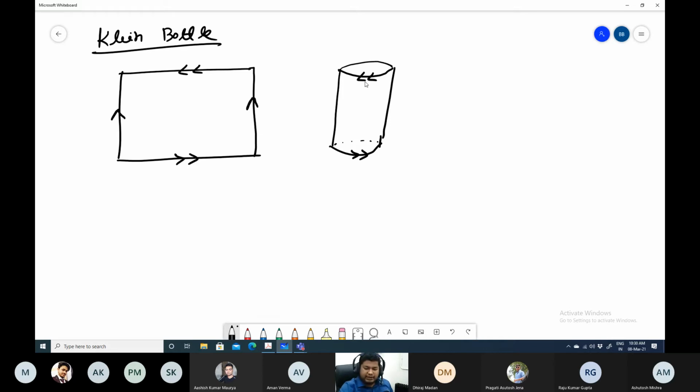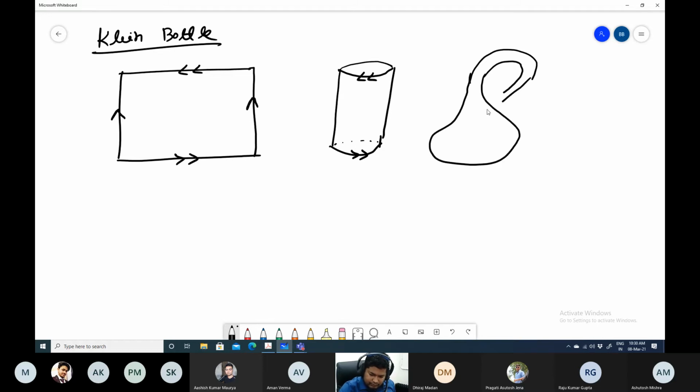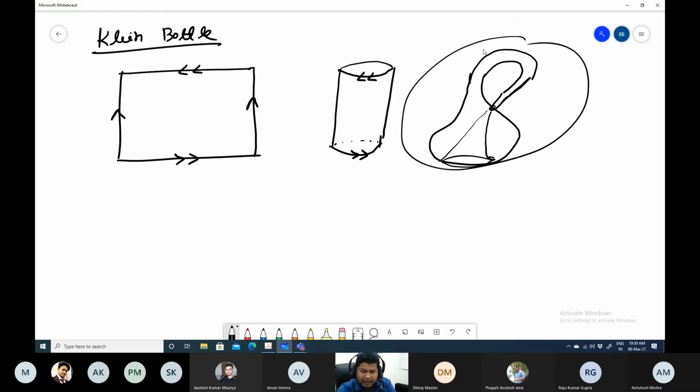Therefore, if we identify, we will get something called a Klein bottle. It is some kind of this. It goes through some four-dimensional object and it is going to this. So this is another one. Anyway, you don't have to go through this figure and everything.